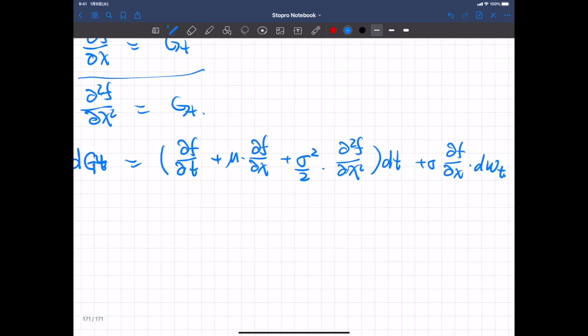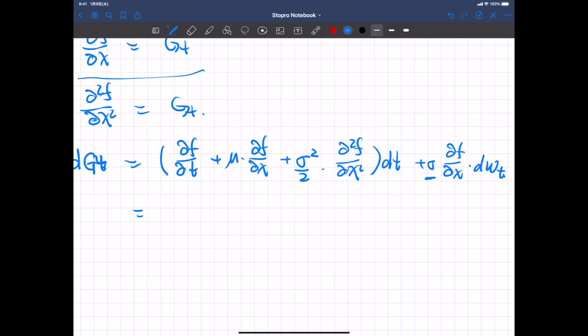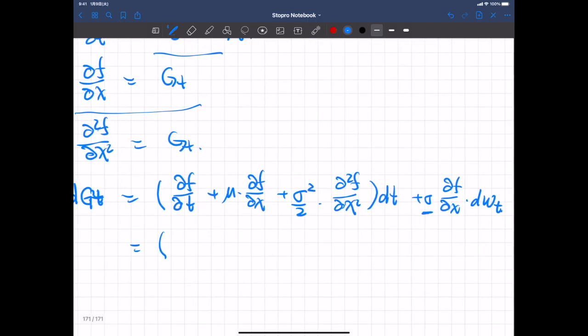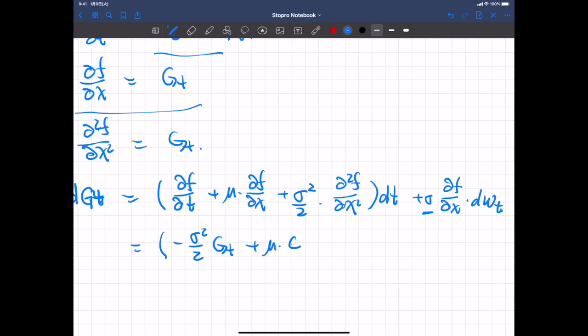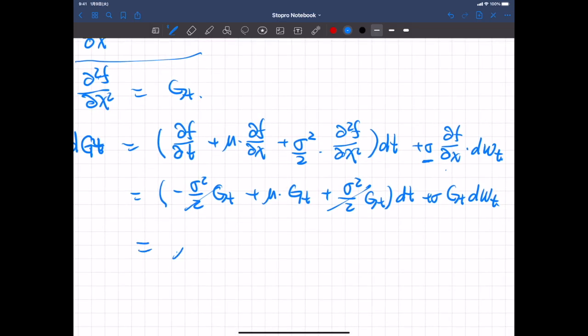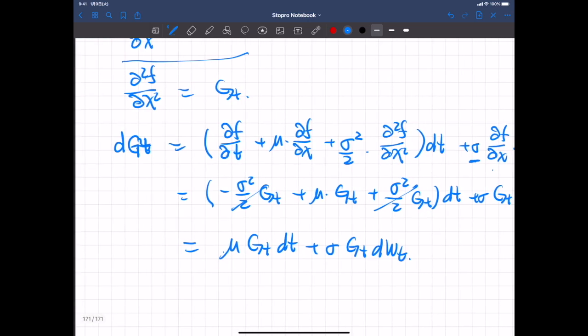So this sigma comes here. Then substitute the results. We have negative sigma squared over 2 Gt, mu Gt, sigma squared over 2 Gt, dt, and sigma Gt dWt. This will cancel, and in the end we have mu Gt dt plus sigma Gt dWt, as required.